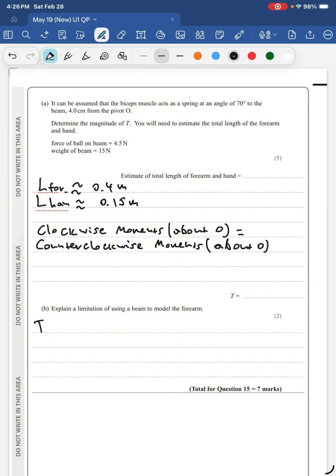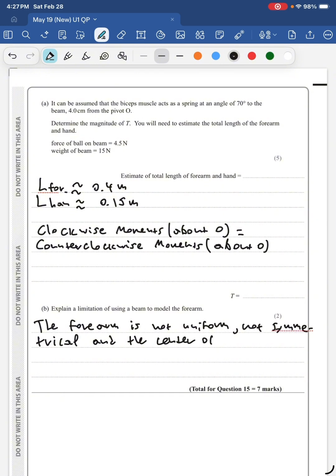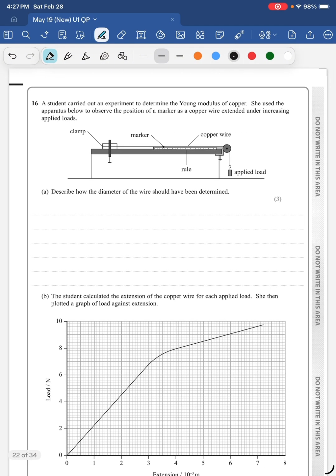So the forearm is not uniform, not symmetrical, okay, and the center of gravity is not in the middle. Okay, and this is the answer.